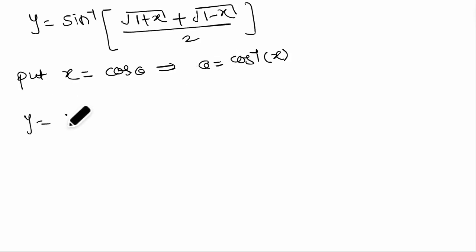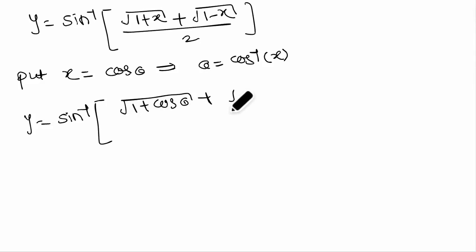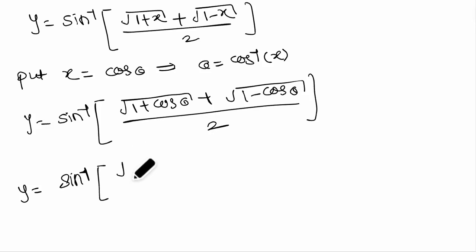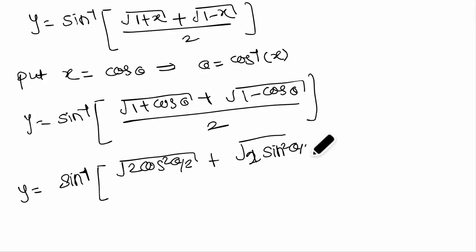So just substitute: y equal to sine inverse of, in the bracket, root of 1 plus cos theta plus, in the second root, 1 minus cos theta, whole divided by 2. So guys, that 1 plus cos theta can be written as 2 cos square theta by 2, and 1 minus cos theta will be 2 sin square theta by 2, whole divided by 2.